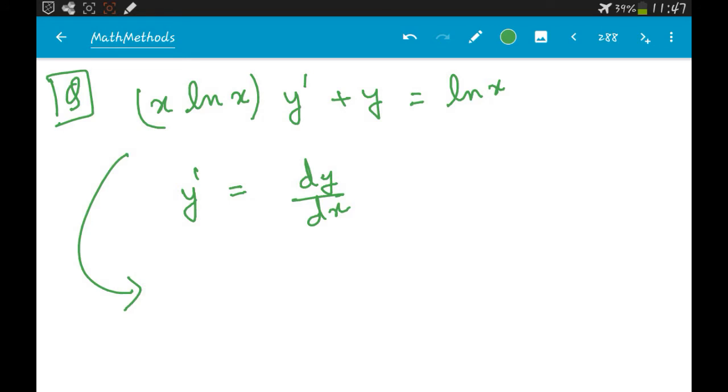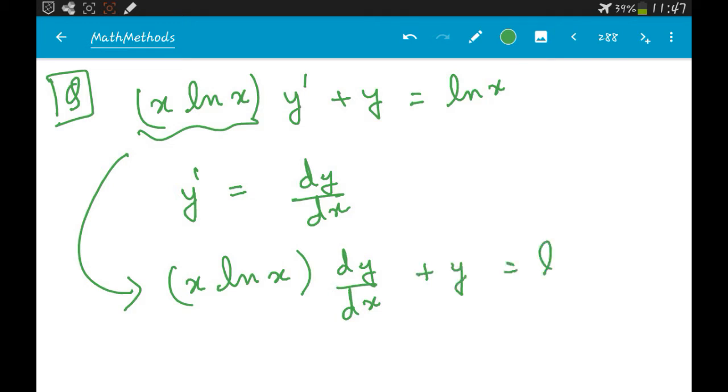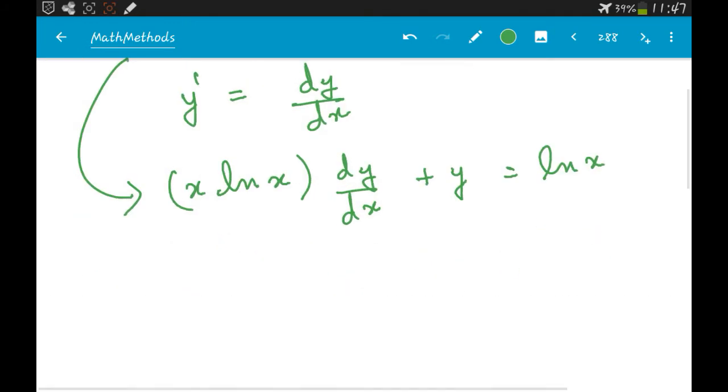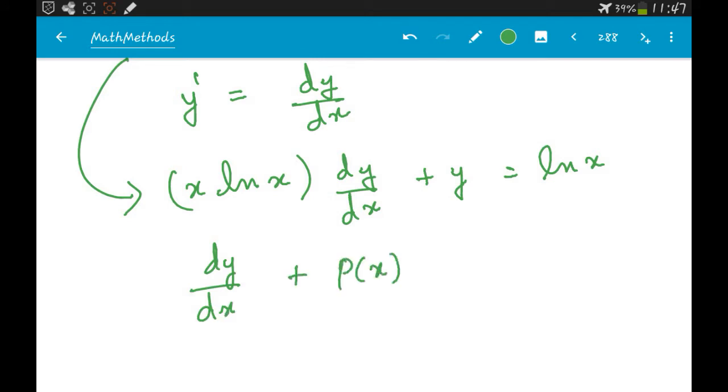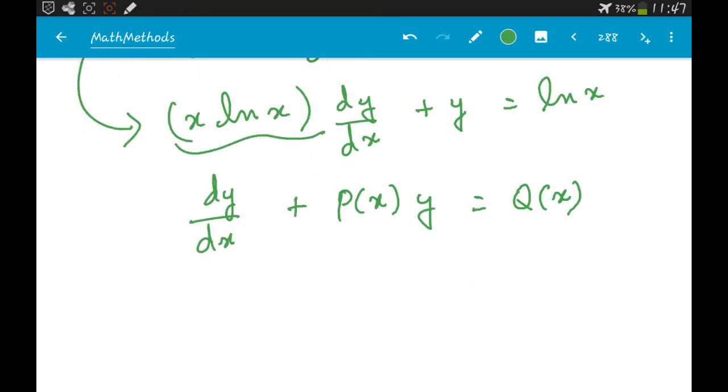First of all, there is a prefactor associated with the dy by dx, and we don't want that prefactor, because the actual form of the equation should be dy by dx plus p of x into y is equal to q of x. So how do we remove this? We can just divide throughout.